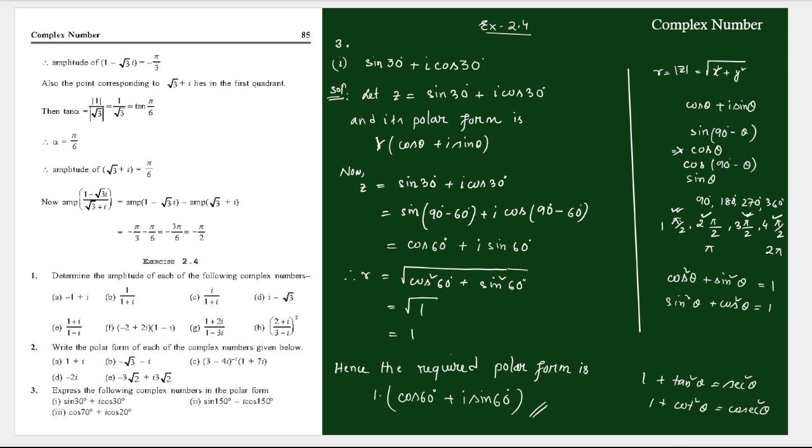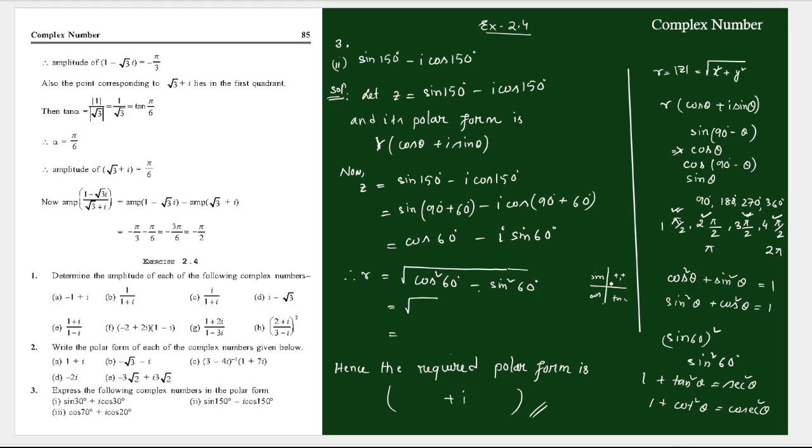Here, all the trigonometric ratios are positive. But now we got 90 plus 60. So this is 90 and it reaches 60, right? So here only sine will be positive. But here we have got cos, so while writing that, it will become minus.